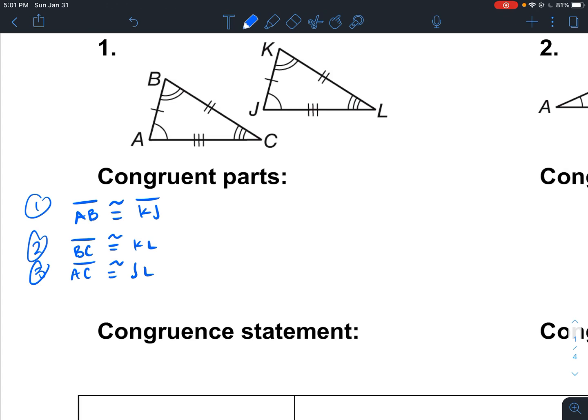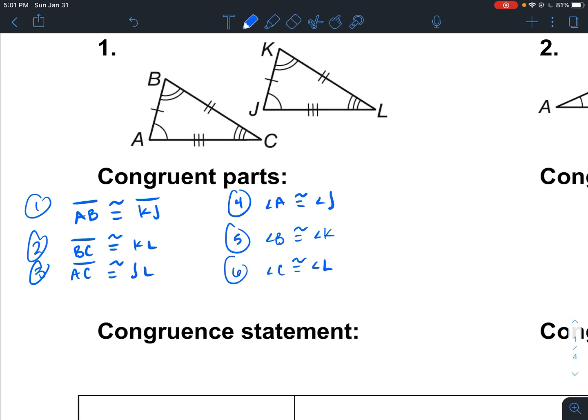So fourth, angle A corresponds with J. Those are two corresponding angles and they are congruent, so angle A is congruent with angle J. Then B corresponds with K and they are congruent. So for 5, angle B is congruent with angle K. And then C corresponds with L, so angle C is congruent with angle L.